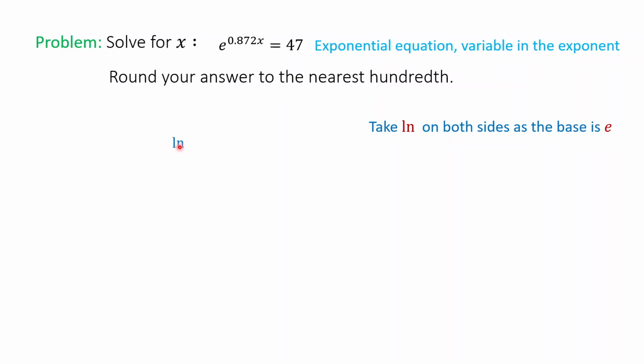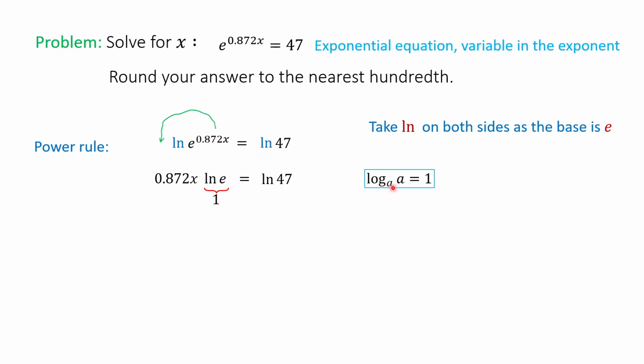You get ln of this is equal to ln of this. Now bring this exponent down by using the power rule. You will get this times ln e is equal to this. Ln e is 1 because log base a of a is 1. The base of ln is e, so this is 1.